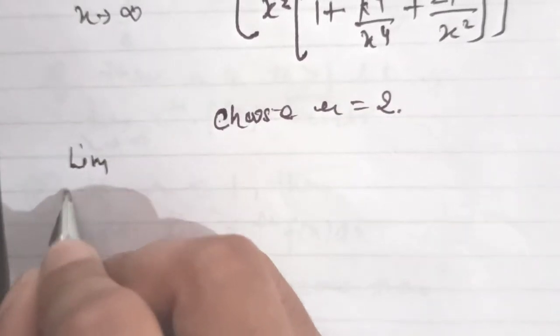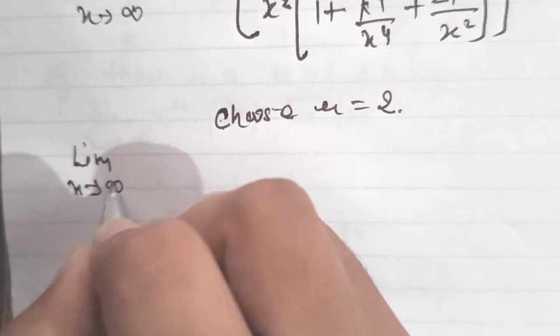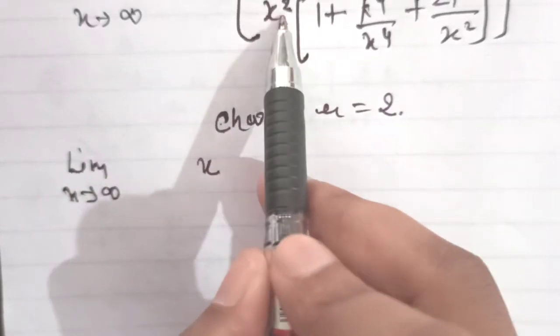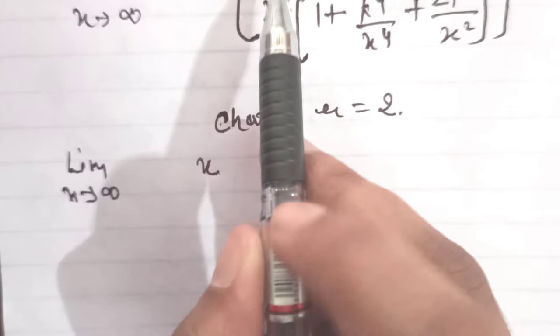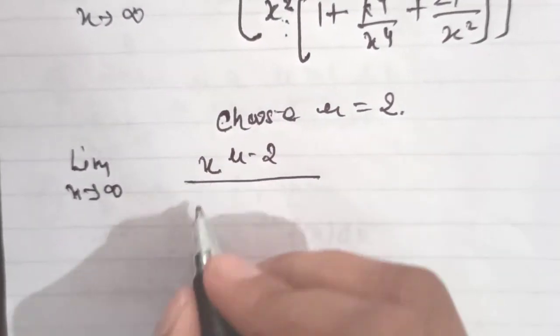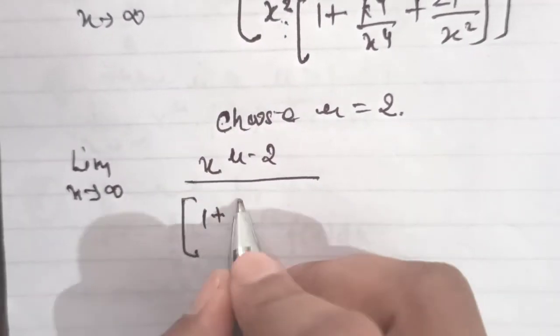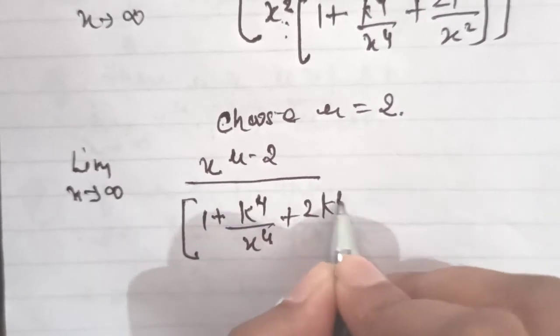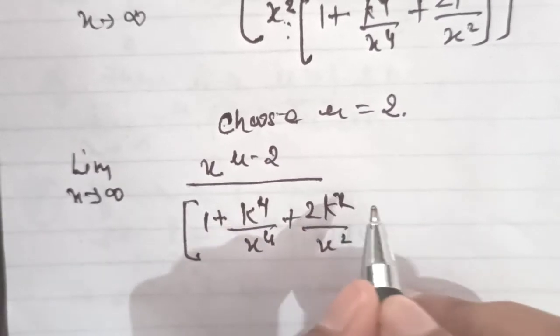After that, as x tends to infinity, we take x to the power mu, and x to the power 2 when you take the reciprocal becomes x to the power minus 2, and the function is the same as this one, 1 plus k to the power 4 upon x to the power 4 plus 2k square upon x square.